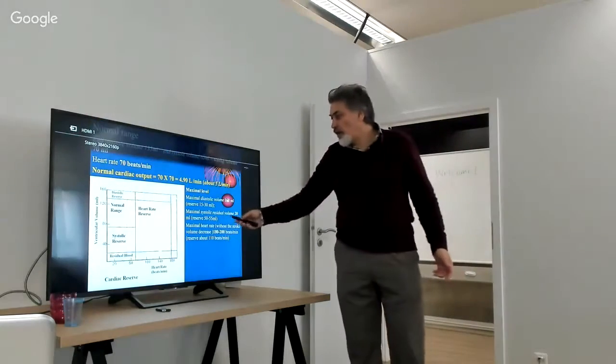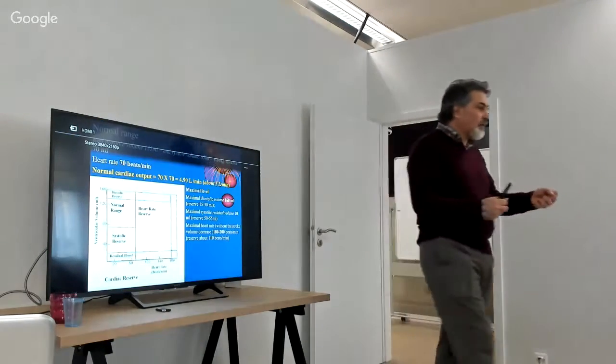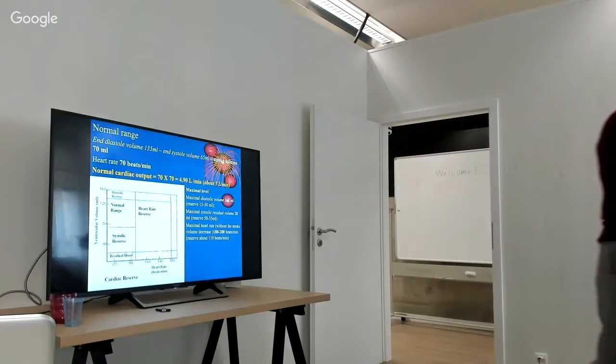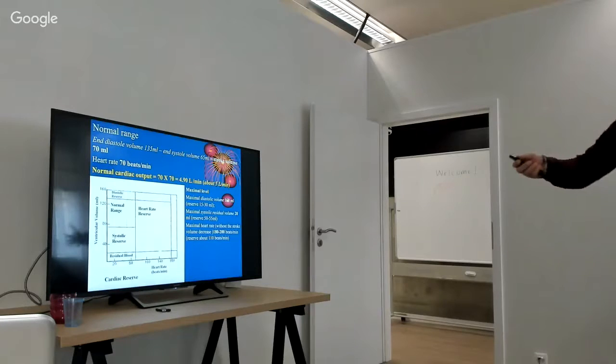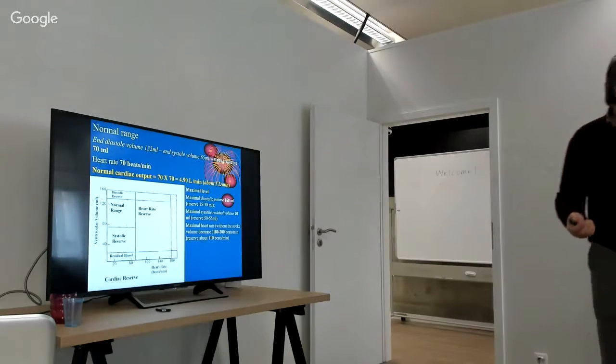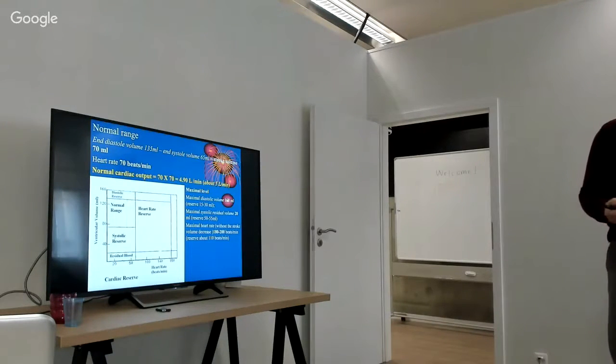Maximum systolic volume: usually when the heart contracts, the residual volume is 55, 60 milliliters, but we can go to 20 milliliters. We never go to empty volume.